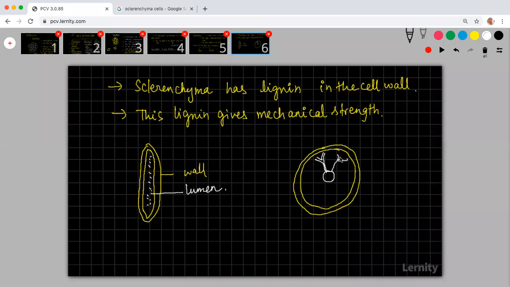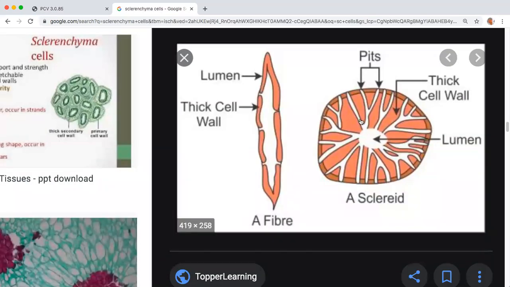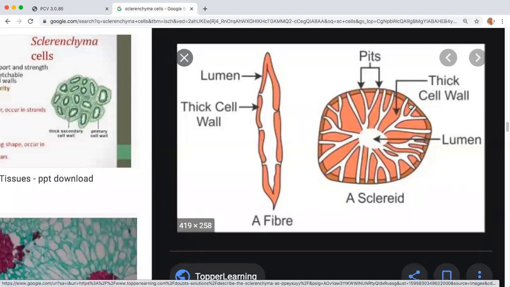Like this, it will be branching out. So this kind of thing will be there. Here, whatever you're seeing in between, we call them as pits. You have the thick wall, and then in between you have those gaps.